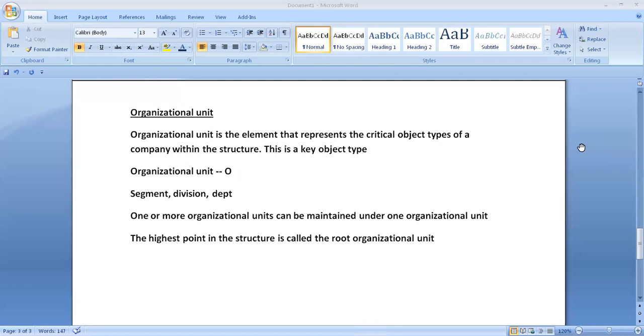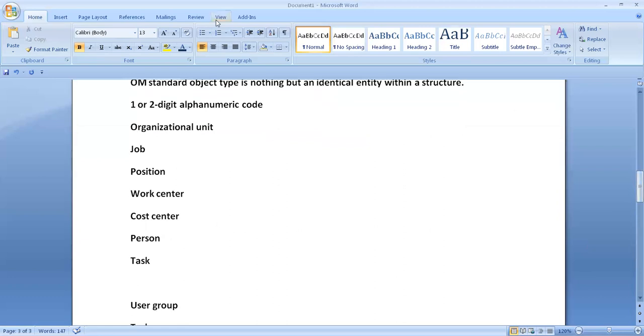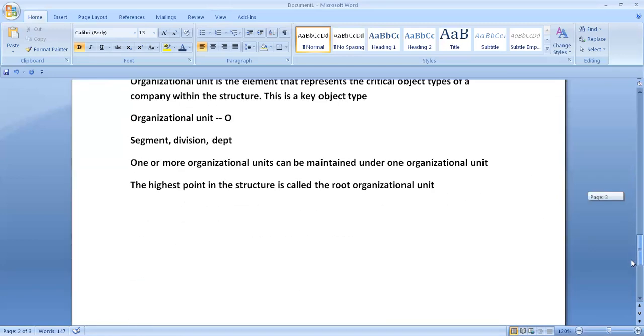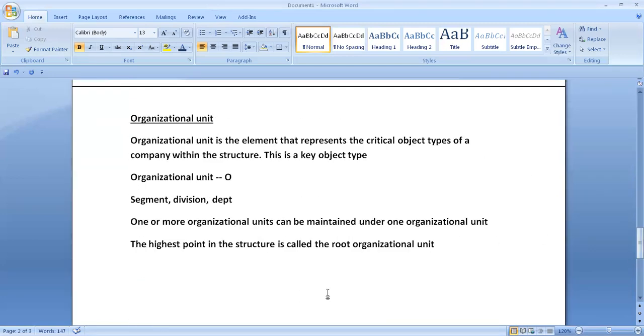Okay, let's understand job. Other objects we discussed, this org unit we discussed. Let's talk about job, for example. Job, position, all these things we have to discuss one after the other. So we have to understand what is a job.